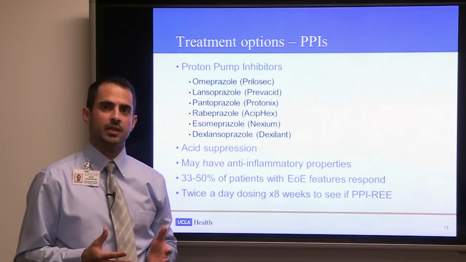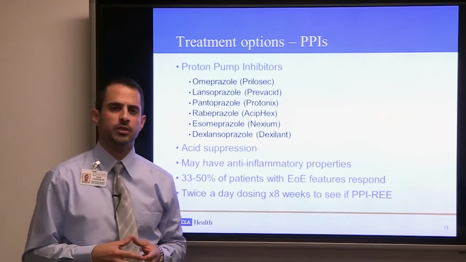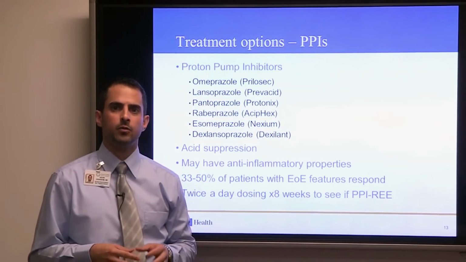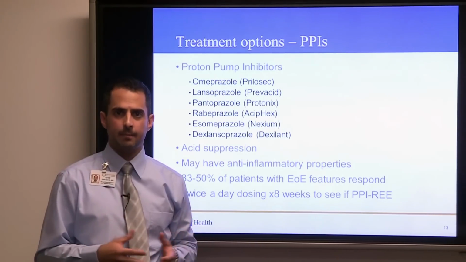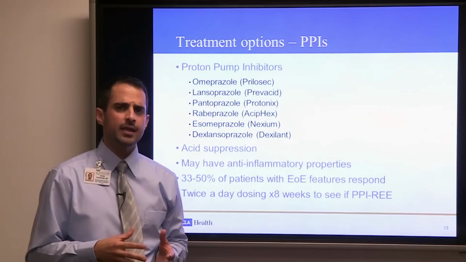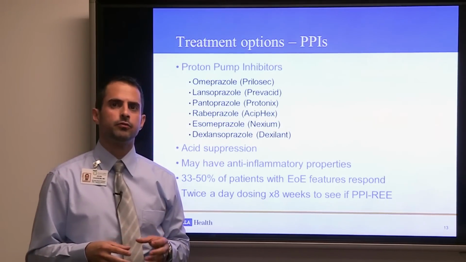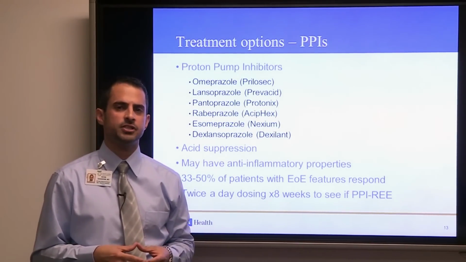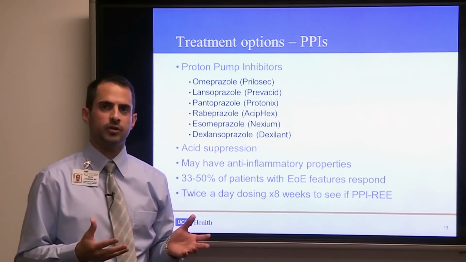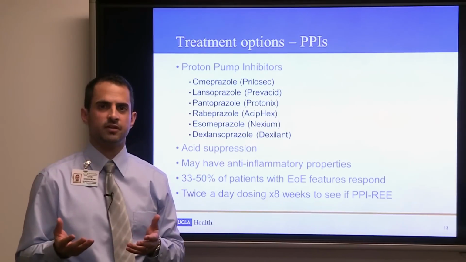The way that these work mainly is through acid suppression, but there was an interesting study done on esophageal tissue where it was removed from the stomach. So this was a bench work-based lab test, and they found that the proteins that are expressed when there's eosinophilic inflammation were increased in people who had eosinophilic esophagitis.